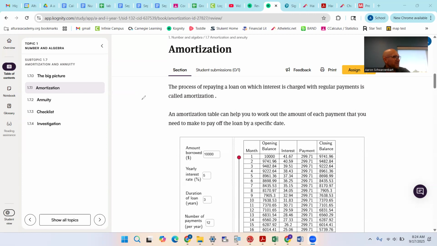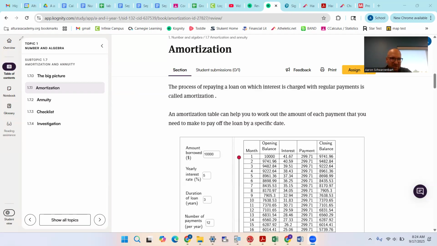That's not particularly realistic. I mean, sometimes you do that, but most of the time with an account, you're going to invest money into it and then keep adding to it each month or each year. And so that's what amortization is.